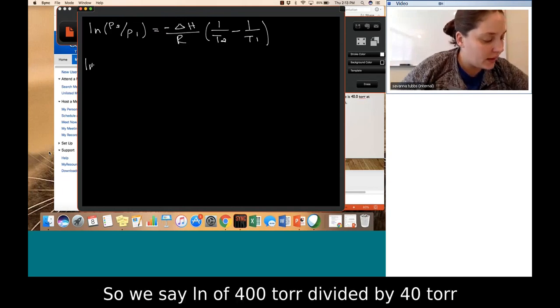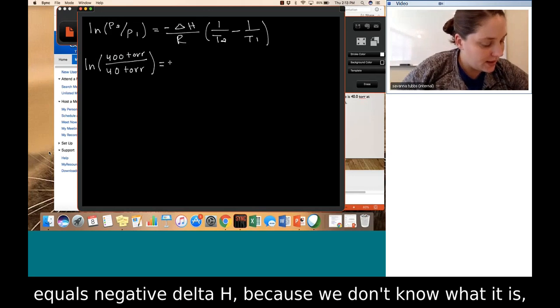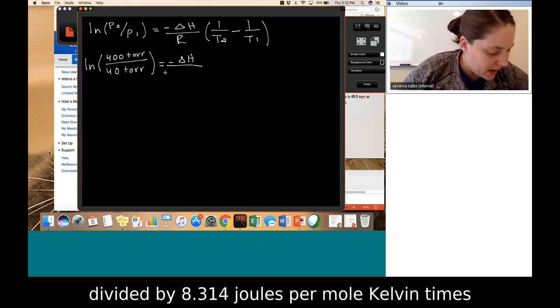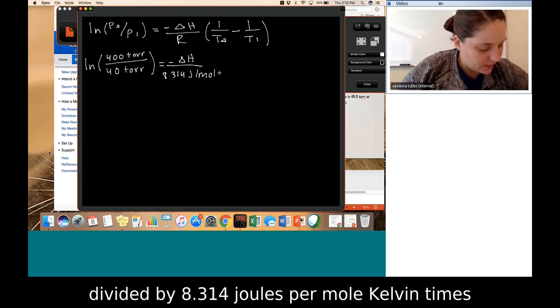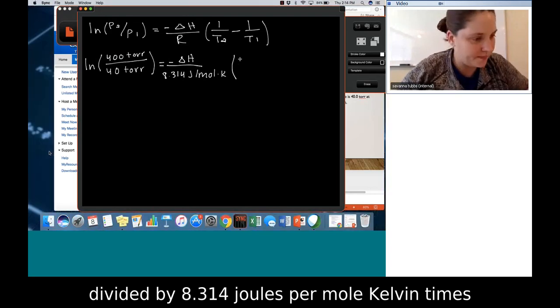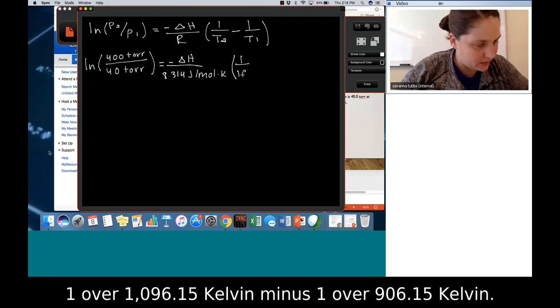So we say ln of 400 torr divided by 40 torr equals negative delta H, because we don't know what it is, divided by 8.314 joules per mole Kelvin times 1 over 1096.15 Kelvin minus 1 over 906.15 Kelvin.